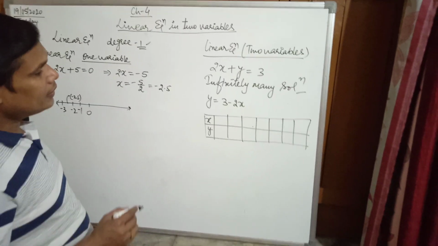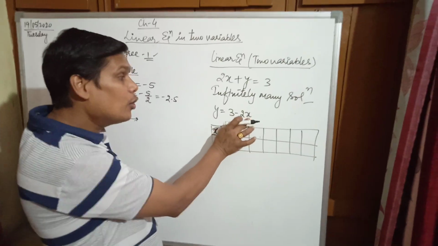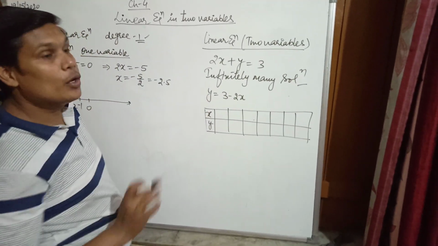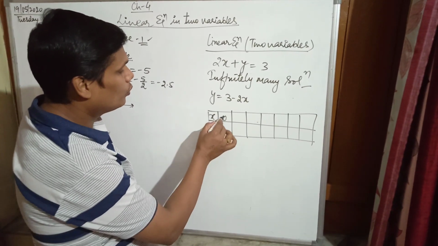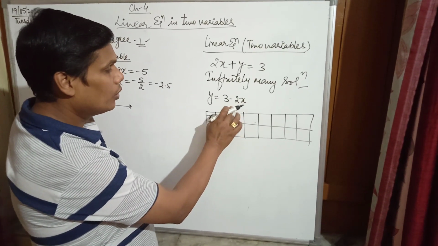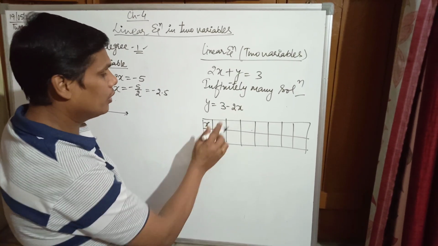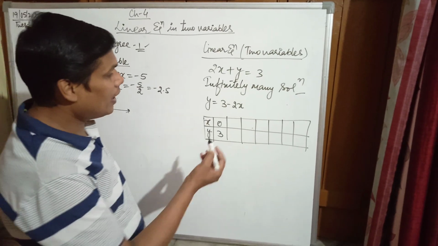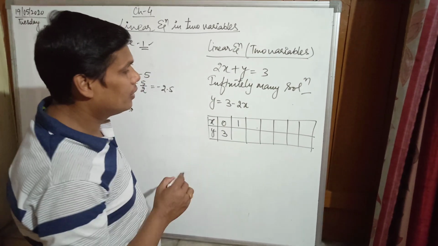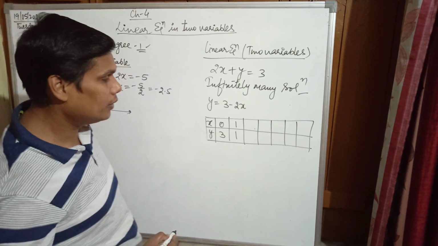If we change the value of x, we will get the value of y. If I write x is equal to 0, it means 3 minus 2 into 0, which is 0, so the value of y is 3. If I write x is equal to 1, then 2 ones are 2, so 3 minus 2 is equal to 1.